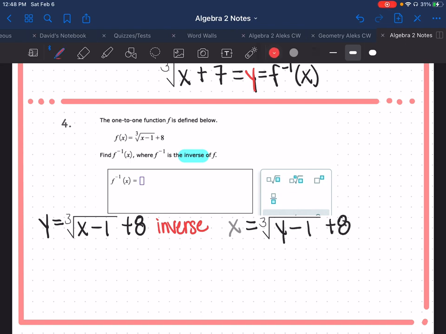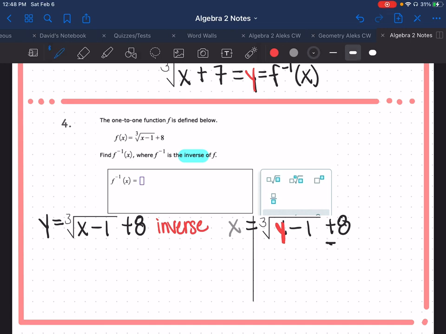Then I'm going to start focusing on my new y over here in my inverse, and I want to get it alone. So remember, if there's ever anything hanging out behind a radical, which is your root here, you want to get rid of it first. So I want to move it over there.